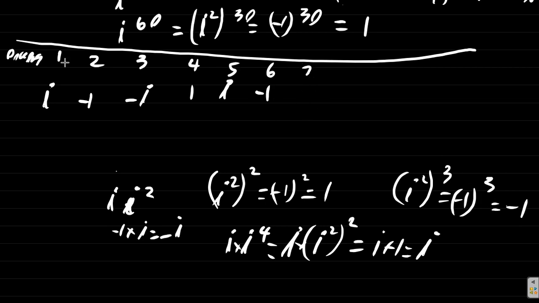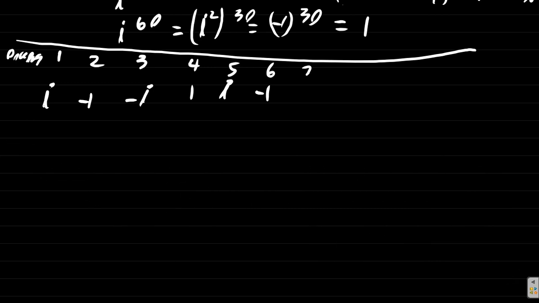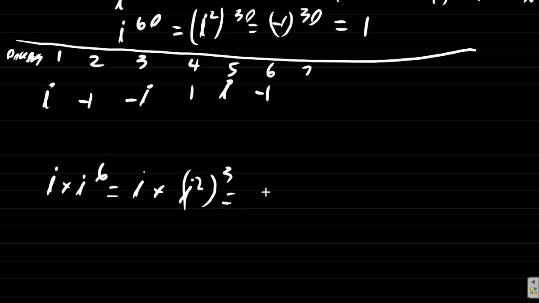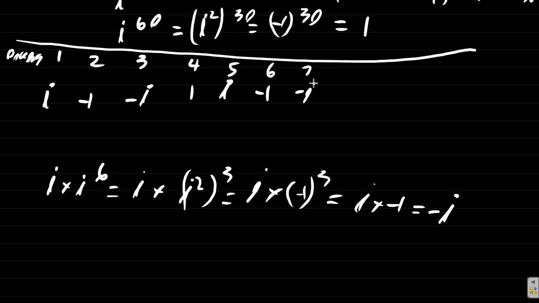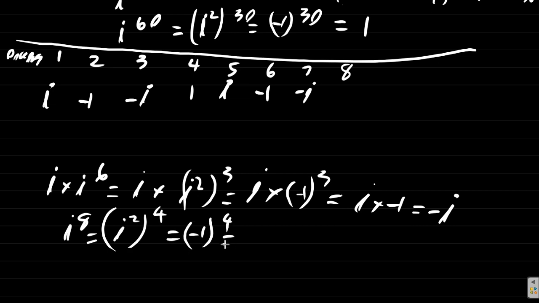Then to the 7th would be what? i to the 7th is i times i to the 6th, which is i times (-1) cubed, which is i times negative 1, which is negative i. Then you have 8. i to the 8 is i squared to the 4th, which is (-1) to the 4th. Negative 1 raised to an even power gives you positive 1.